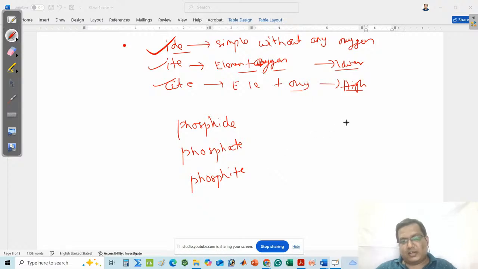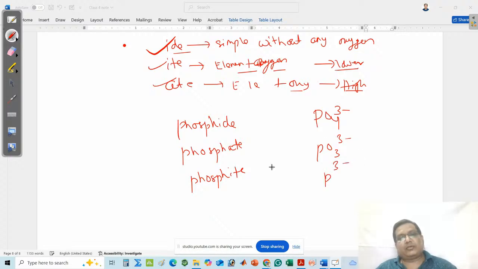Suppose I will give some symbols: PO4 3 minus, PO3 3 minus, P3 minus. Then tell me which belongs to which radical. Ide means it does not need any oxygen. Look at that, here there is no oxygen. That means phosphide is here, P3 minus.